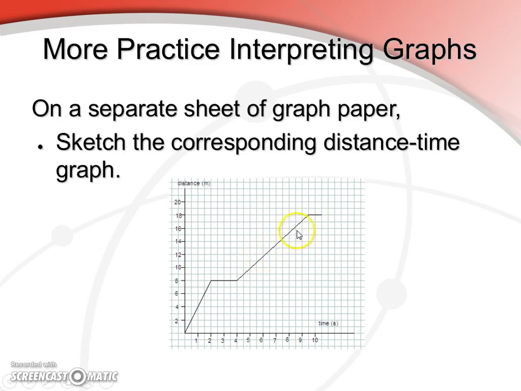The car is moving, just moving slower. It's got a smaller slope, 2 meters per second. And the last segment, of course, the car isn't moving, it's at rest. So this is a very important distinction, and you need to be able to draw these distance-time graphs and move back and forth between distance-time and displacement-time graphs.